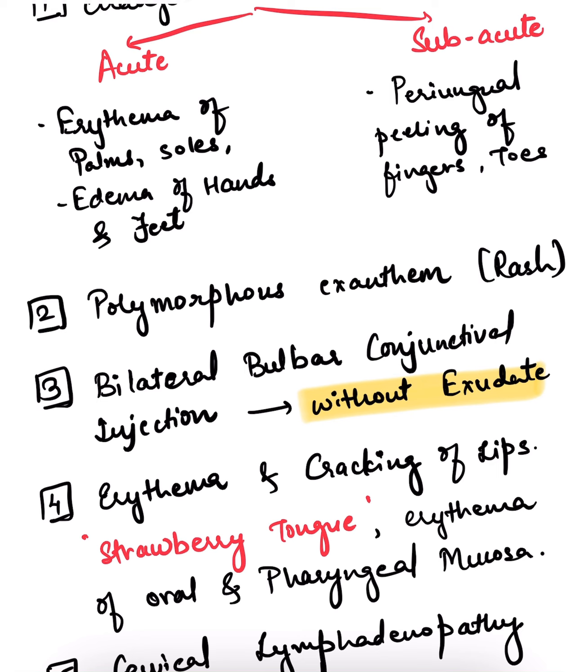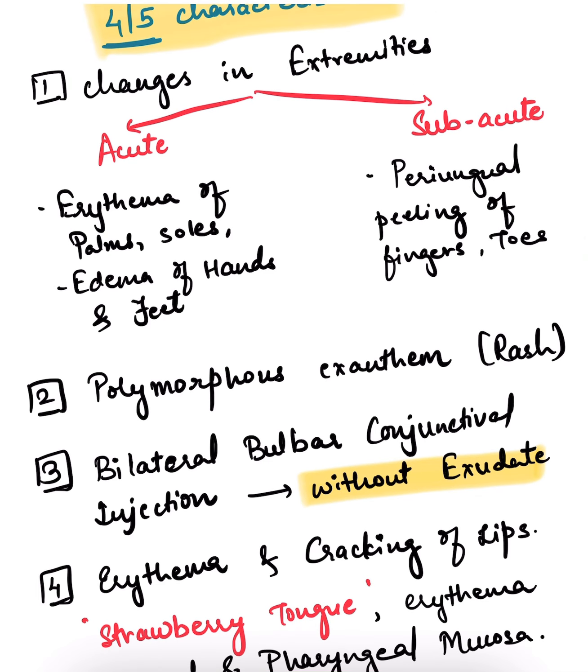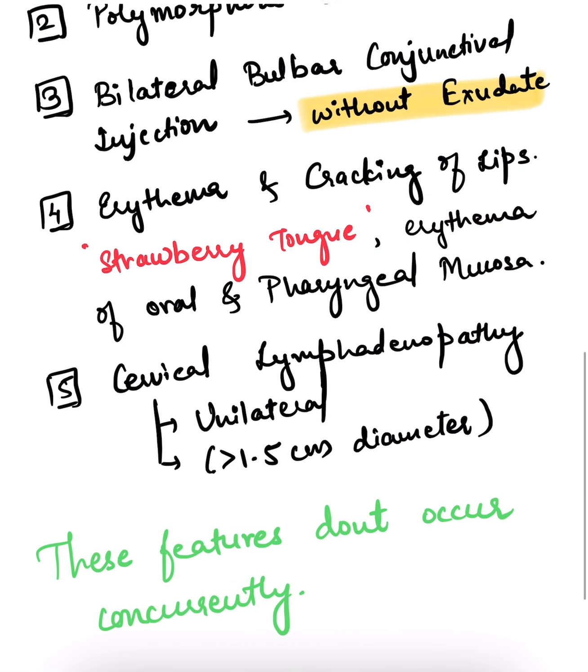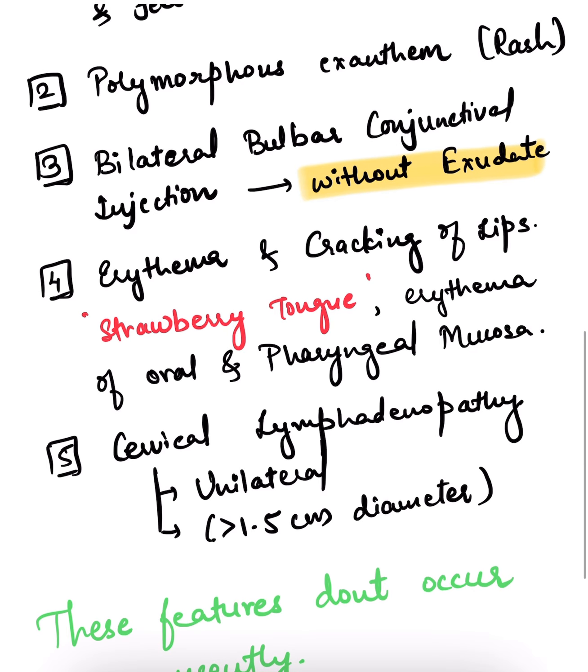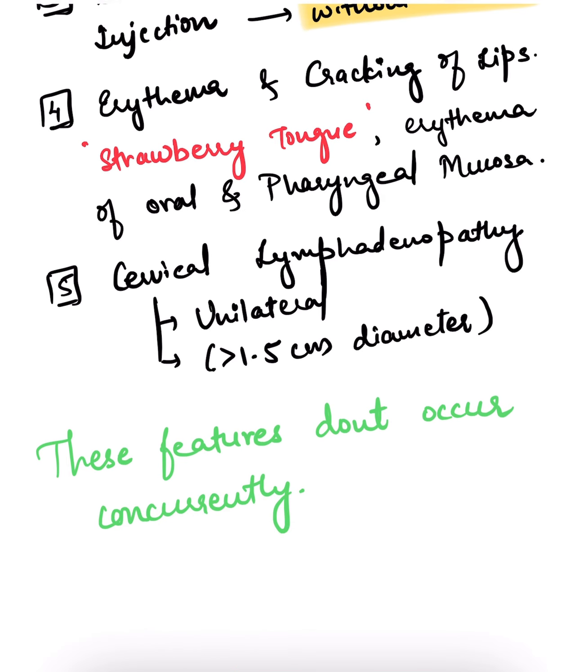Sometimes only polymorphous rash may be present, and fever and changes in extremities, but sometimes not the oral and pharyngeal mucosa changes. So these features don't occur concurrently.